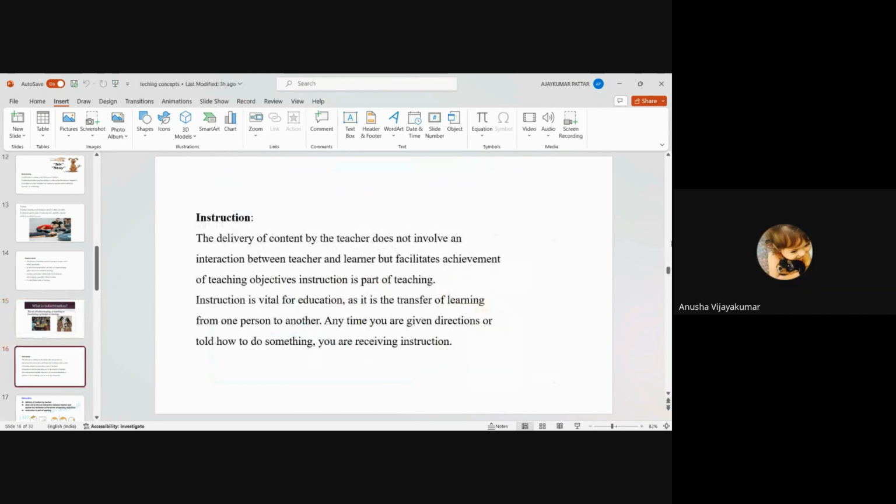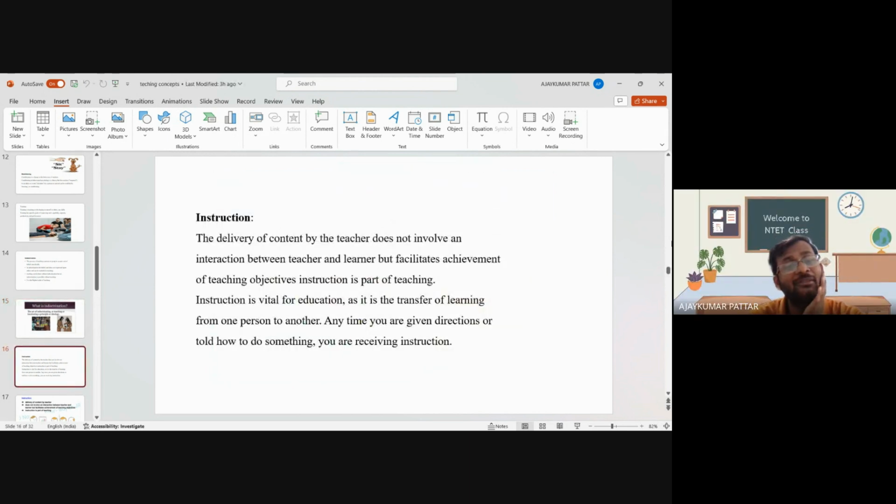Yes, sir. Next, instruction. Sometimes instruction and teaching are interchangeable words. In some textbooks they have written instruction, sometimes teaching. Instruction is a part of teaching only, but both have a small thin-line difference. What is instruction? The delivery of content by a teacher that does not involve an interaction between teacher and learner, but facilitates achievement of teaching objectives.